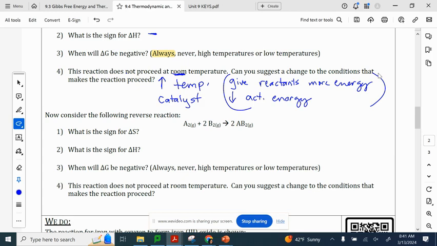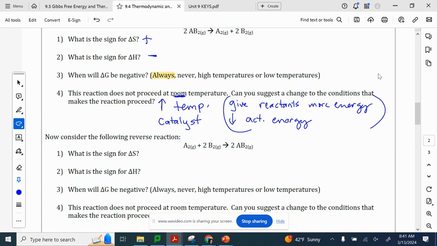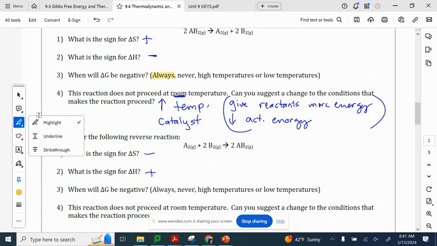All right, so now consider the reverse reaction. So we're reversing this. If that's the case, what's going to be my sign for delta S? Negative. What's going to be my sign for delta H? Positive. Will delta G be negative ever? No, it will never be that way.